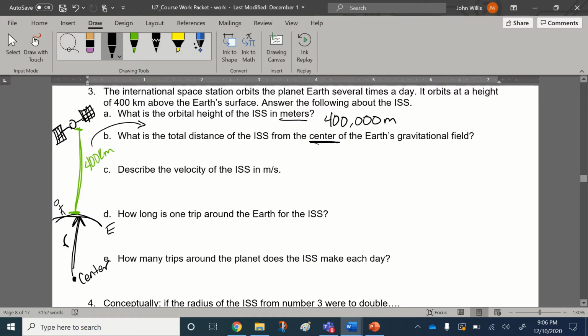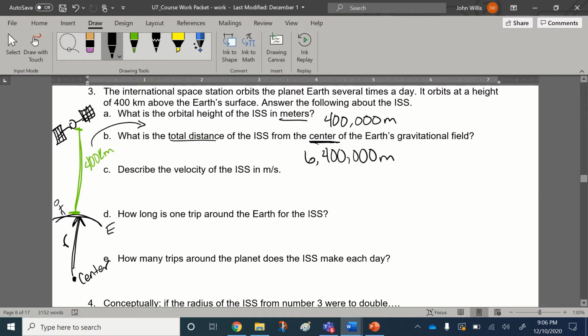The fact that my distance from the surface of the Earth right now is so small compared to, in this case, the International Space Station, is why we didn't include it so far. Here we have to include it. The total distance from the core of the planet to the crust is 6,400,000 meters. Right? That's the value that the textbook gives us. 6.4 times 10 to the 6th meters.